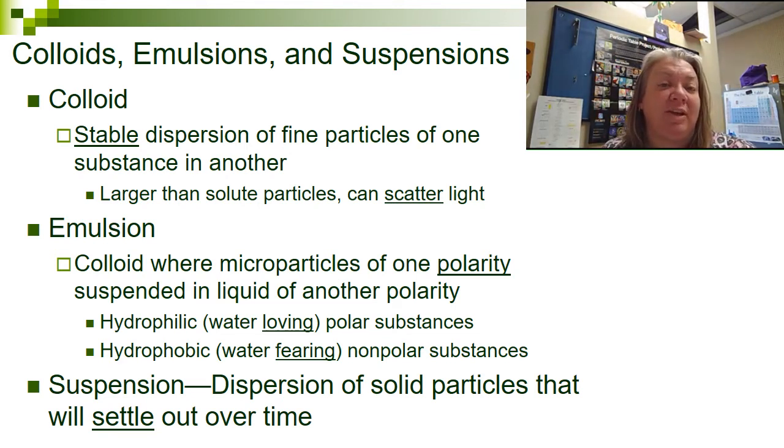Now, an emulsion is a colloid where the microparticles of one polarity are suspended in the liquids of another polarity. So let me give you an example. Let's think of milk. If you've ever had fresh milk from a cow or a goat, or actually a person, breast milk does the same thing, it's going to separate into layers.